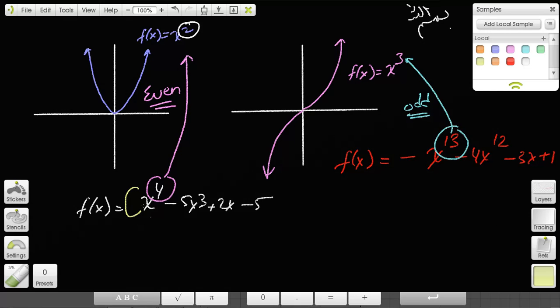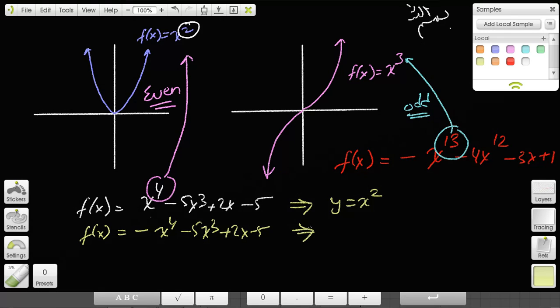If this a is positive, it's going to behave like this. So the end behavior of this function is going to be modeled by y equals x squared. Now if I had this function over here, minus x to the fourth minus 5x cubed plus 2x minus 5, the end behavior of this function is going to be modeled by y equals negative x squared.